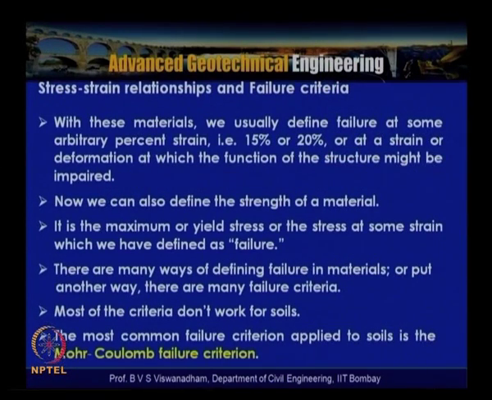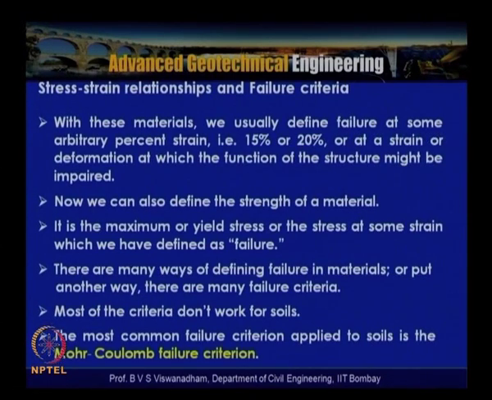So, for materials which undergo work hardening, we usually define failure at some arbitrary percent strain, like 15% or 20%, or at a strain or deformation at which the function of the structure might be impaired. That strain can be say 5% or 10% or 15 or 20%, at which the function of the structure might be affected.